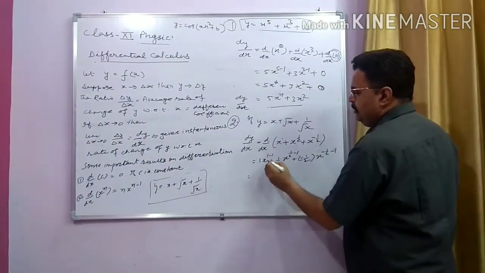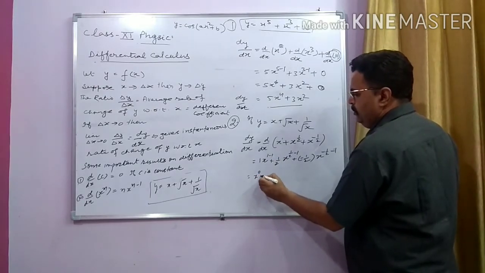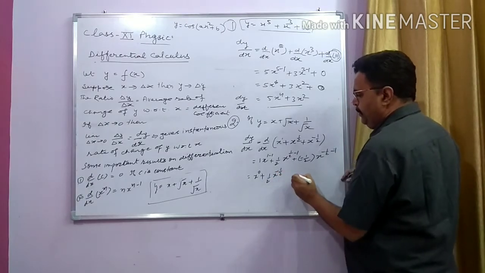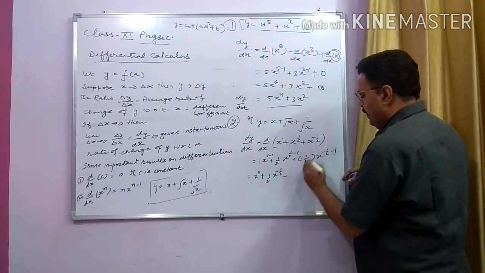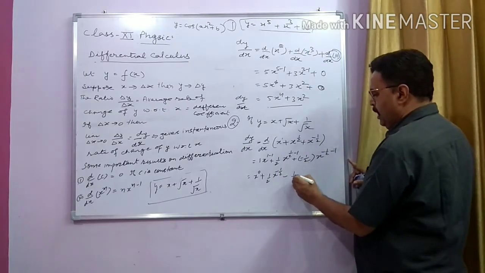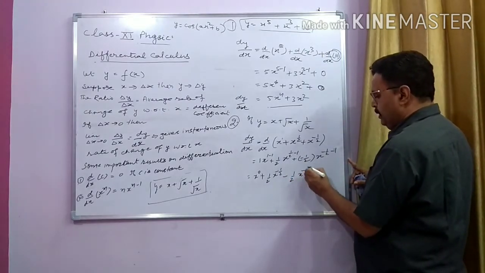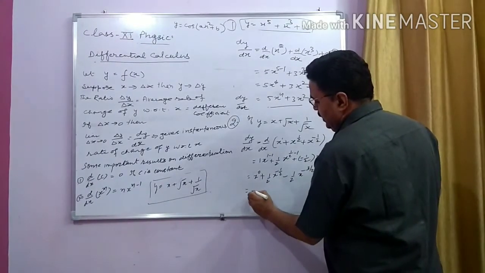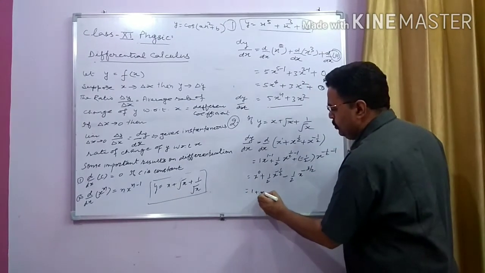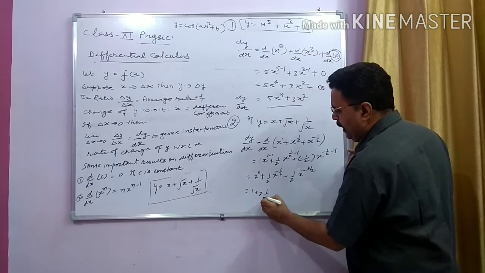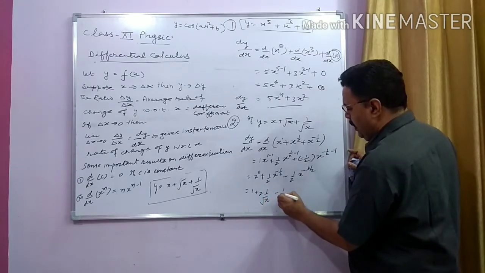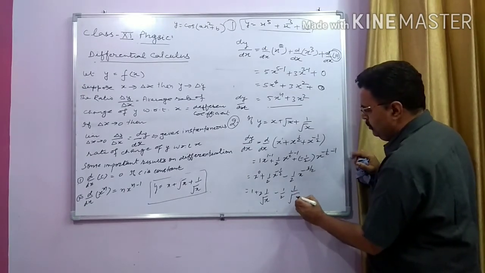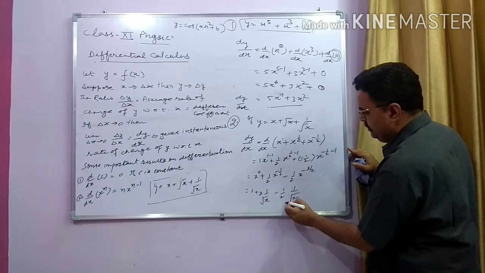Now we solve this. So this is x raised to power 0 plus half x raised to power minus half plus minus half x raised to power minus 3 upon 2. So x raised to power 0 can be taken as 1, plus 1 upon 2 root x, minus half, or this is 1 upon cubic root of x.